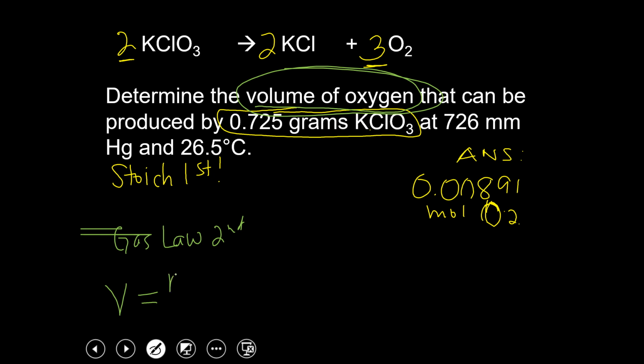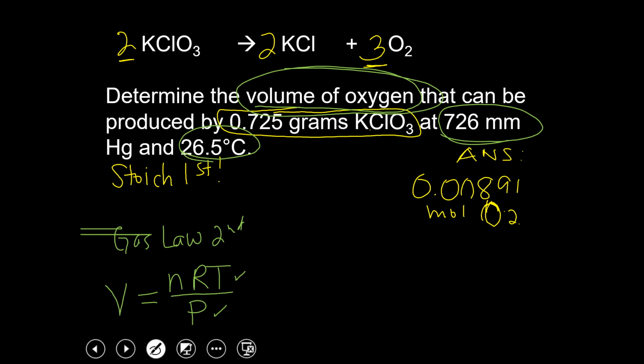PV equals nRT. So if you take nRT and you divide by the P, that'll get you the volume. So plug your moles in. Plug in R. Now the pressure has to be converted to atmospheres and the temperature to Kelvin, but then you plug them in right here.